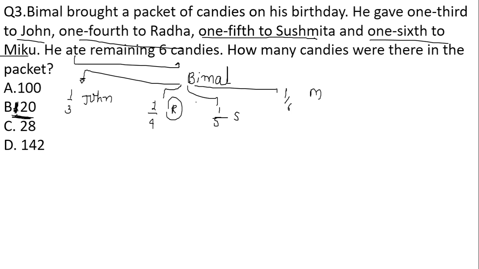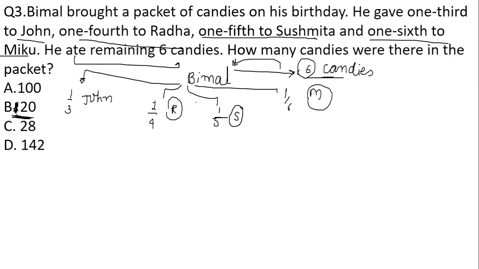After distributing the candies to all of these 4 members, 6 candies were left with Bimal, and he ate the remaining 6 candies. So they are asking how many candies were initially present in the packet of Bimal.